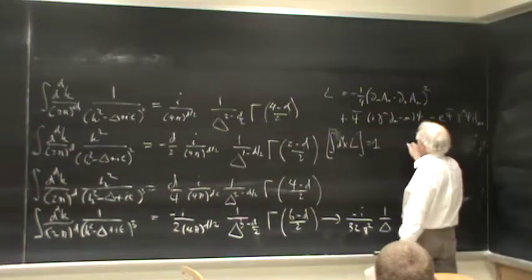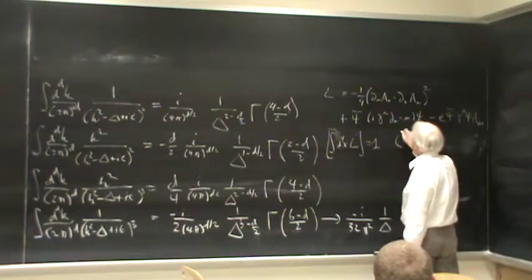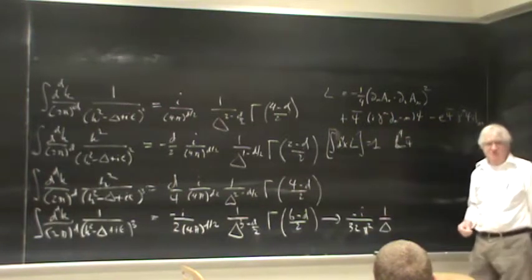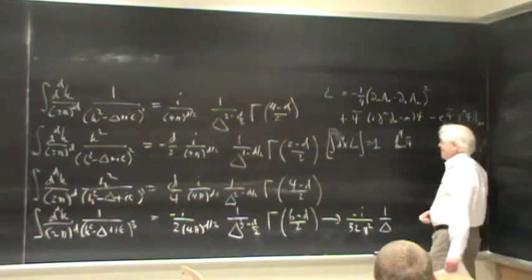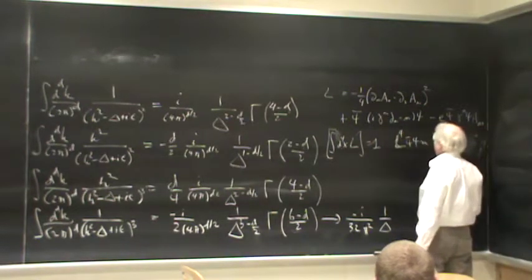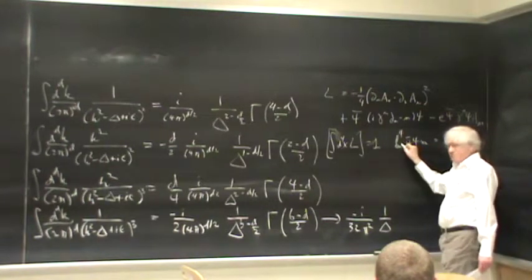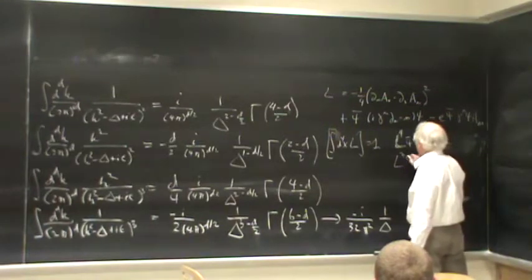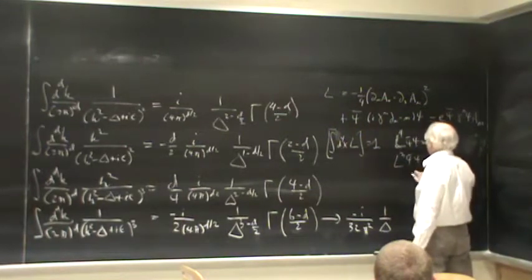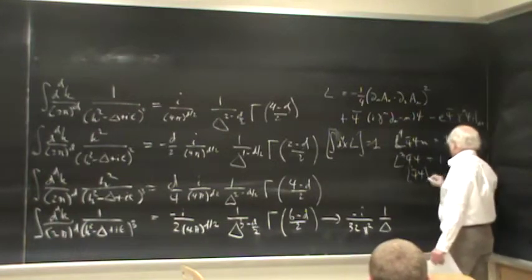One of the simplest ones is this: L to the 4th. Here we're talking natural units as opposed to unnatural units. L⁴ ψ̄ψ m is 1. Well, m is units of energy. m cancels one L, so L³ ψ̄ψ is 1. So the units of ψ̄ψ in 4 dimensions are mass cubed.